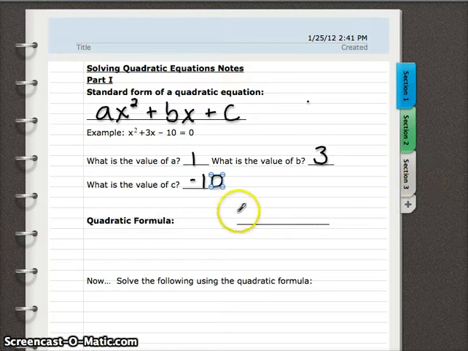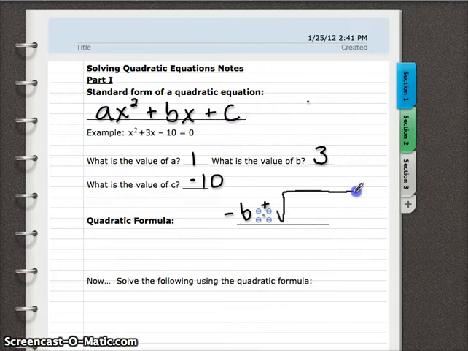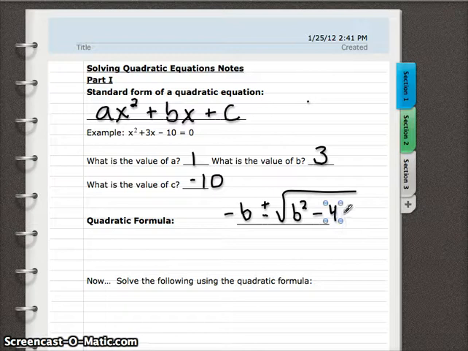The quadratic formula in its most basic form is the opposite of whatever B is. We're going to say plus and minus, which is kind of weird. The square root of b squared minus 4 times a times c.